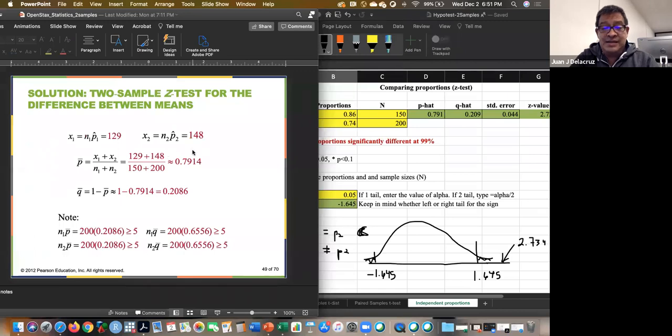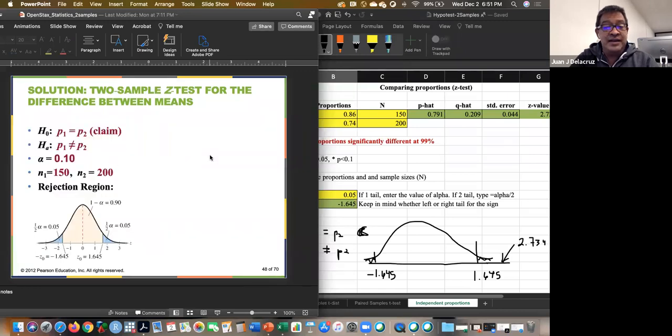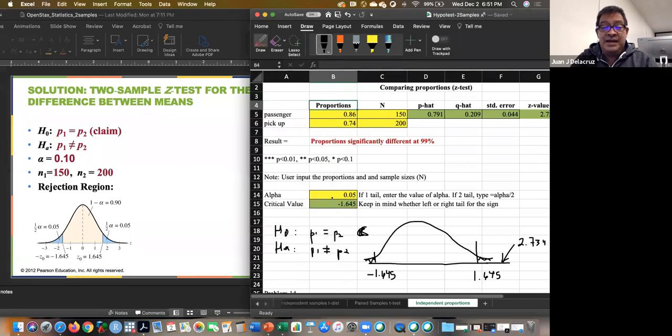So in this case, as you can see, all these values, we have the values that we included, sample sizes. This is my critical values. Remember, we use the alpha, and we use the normal distribution inverse to convert this area under the curve in a two-tailed test.